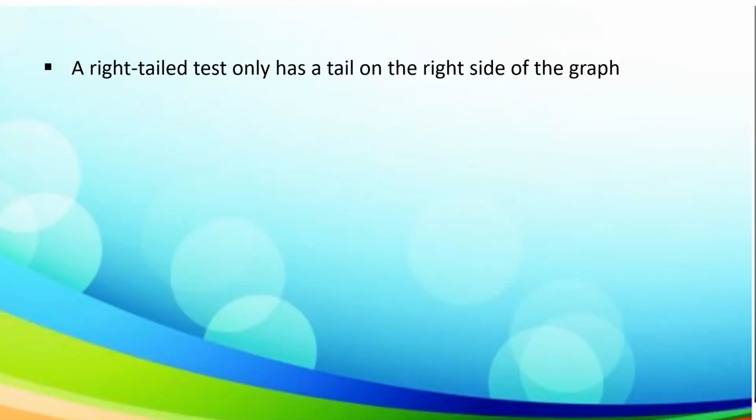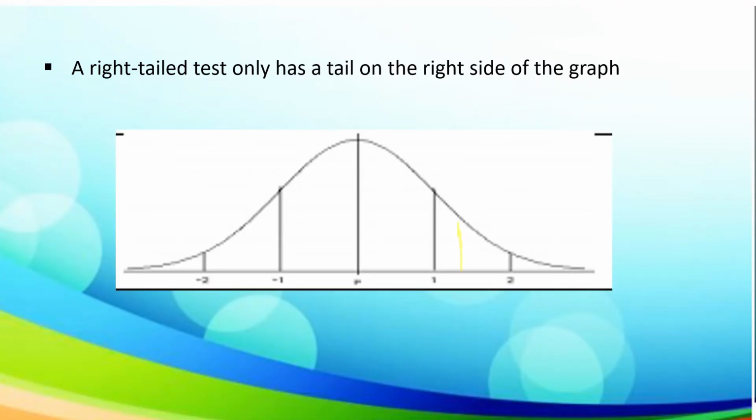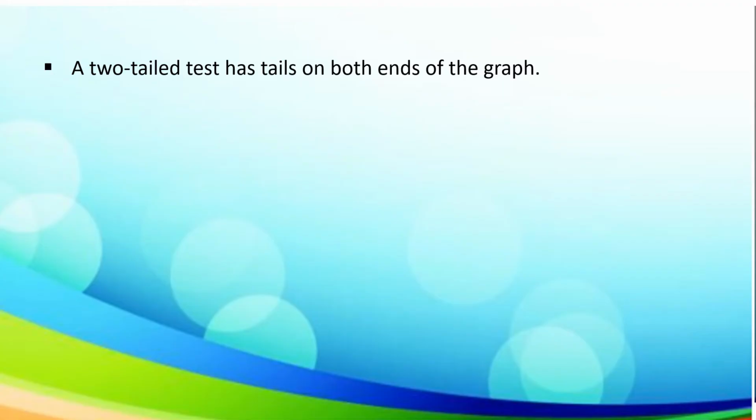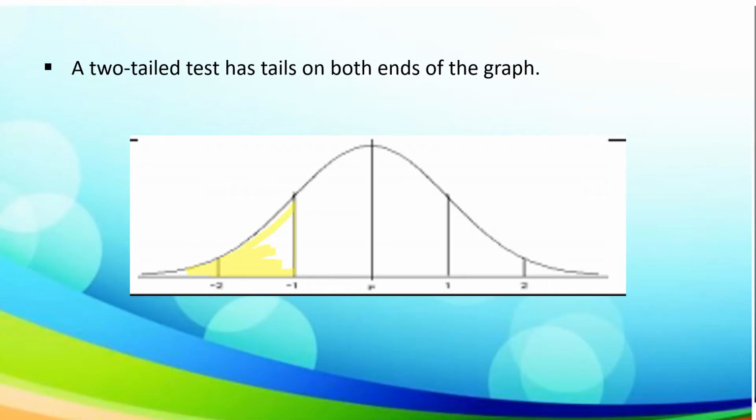Next, a right-tailed test only has a tail on the right side of the graph. To illustrate, this shows the rejection area of the graph. A two-tailed test has tails on both ends of the graph. To illustrate, this is known to be the rejection region.